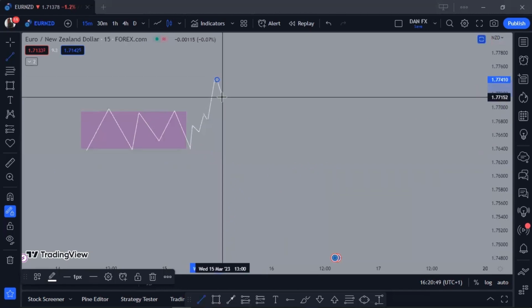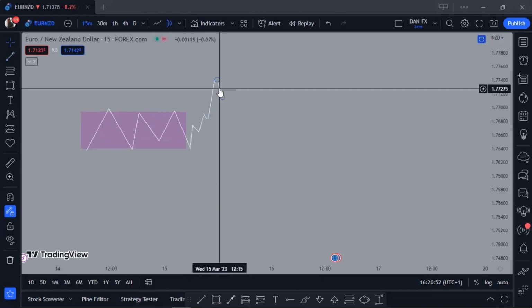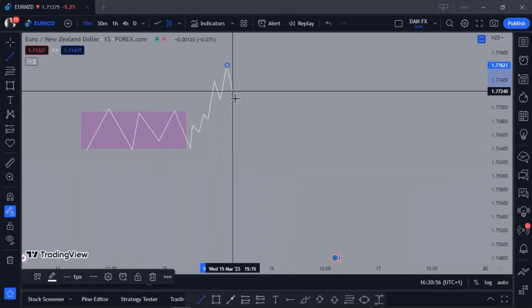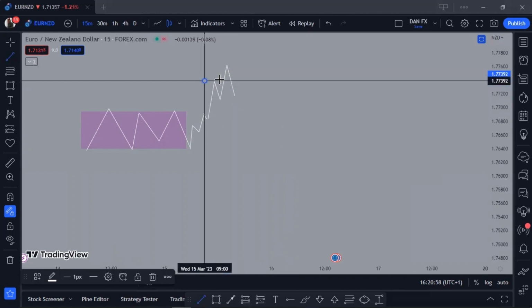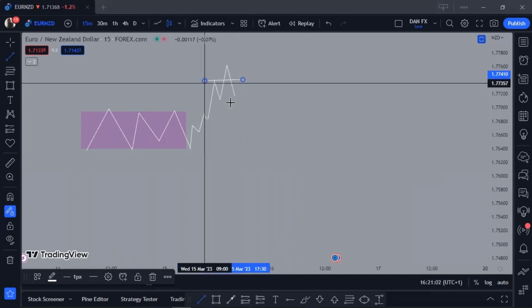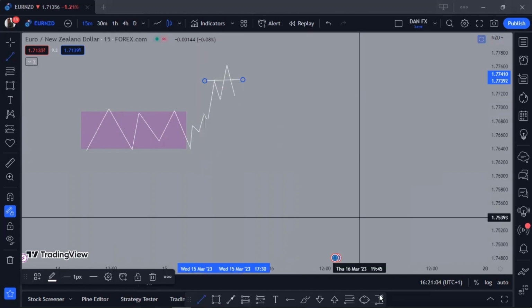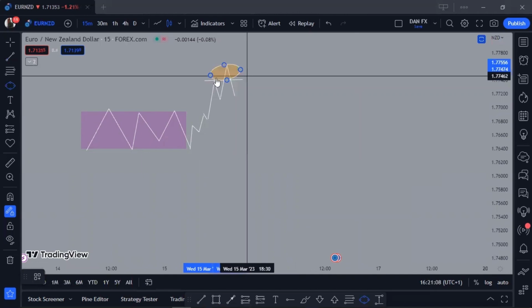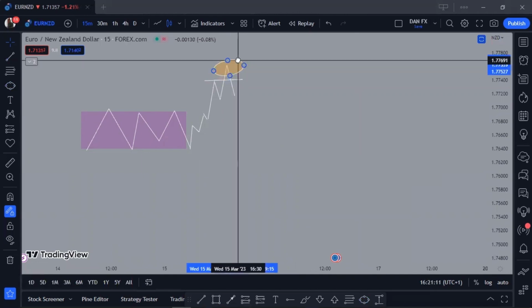The first one is you're going to look for them to pull back like this, and then take out liquidity. This is the sign that they took out liquidity, breaking out of that area and then entering back inside there. It's called a liquidity hunt at the highs.